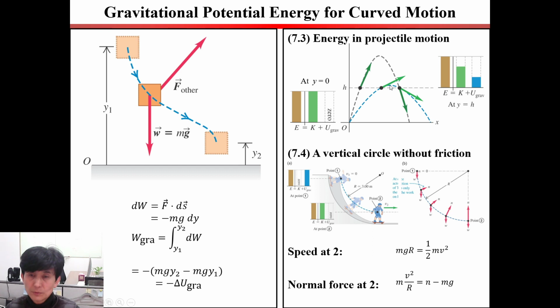Same is true for this projectile. If we cut this line at the height h, it is not at the peak position of the projectile, then there exists some kinetic energy as well as some potential energy. But because of the energy conservation, total energy should be identical.